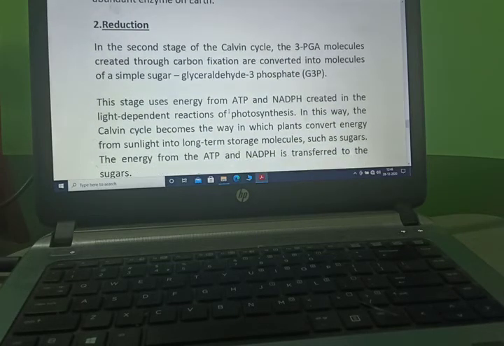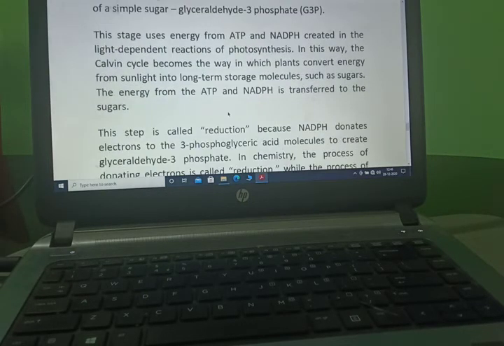Now, reduction. In the second stage of the Calvin cycle, the 3-PGA molecules created through carbon fixation are converted into molecules of a simple sugar, that is glyceraldehyde 3-phosphate. This stage uses energy from ATP and NADPH created in the light dependent reaction of photosynthesis.